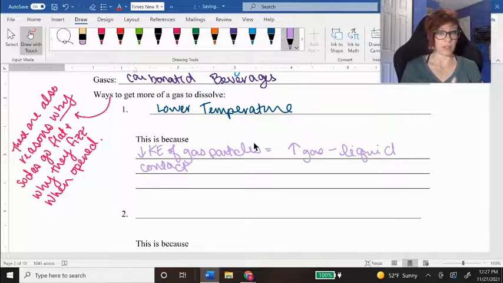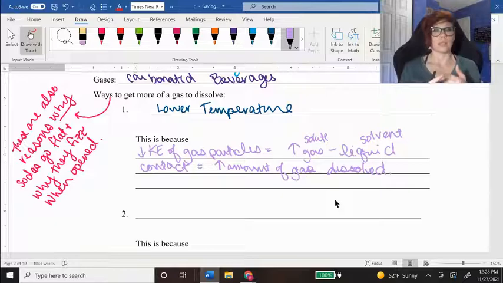Okay, so we're increasing our gas to liquid contact, our solute to solvent contact, which is going to increase the amount of gas that's dissolved. Okay, so increasing that solute solvent contact is going to increase the amount of gas that's dissolved in the liquid.